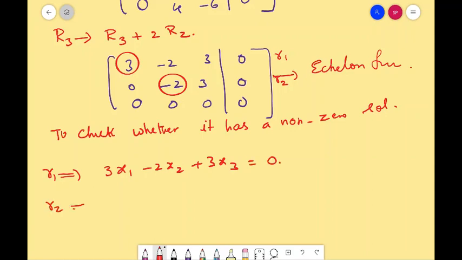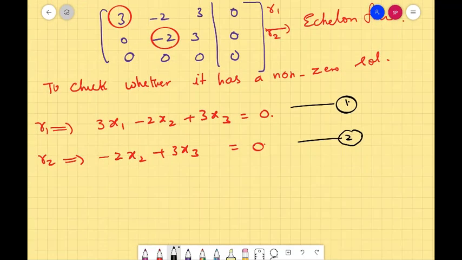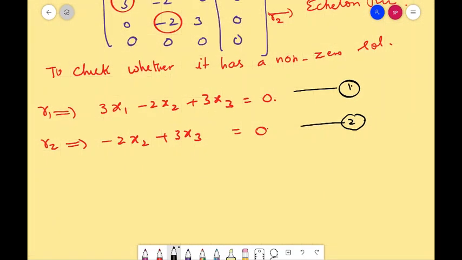This is equation 1. And then R2 implies we have minus 2x2 plus 3x3 is equal to 0. This is equation 2. Now you have to find the solution for it.